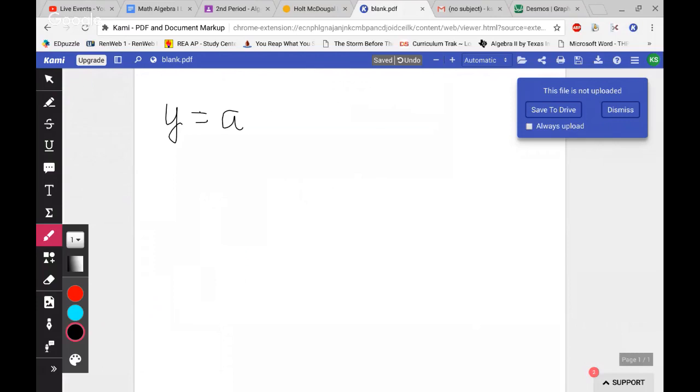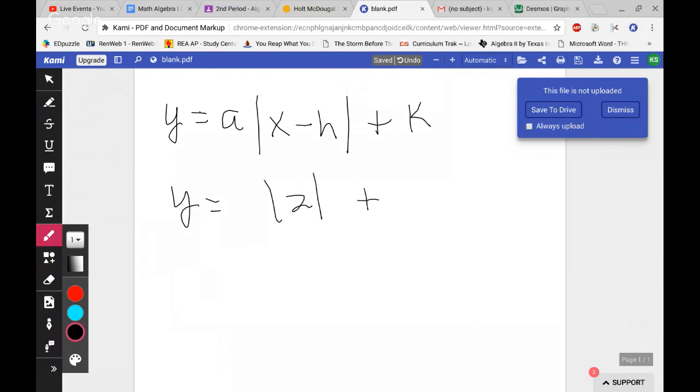So if it's absolute value, it would be inside the absolute value. So let's say it looks like this, the absolute value of x, plus 4. He says hey, too. Oh, I know, he's been snoring. Oops, yes, sorry.